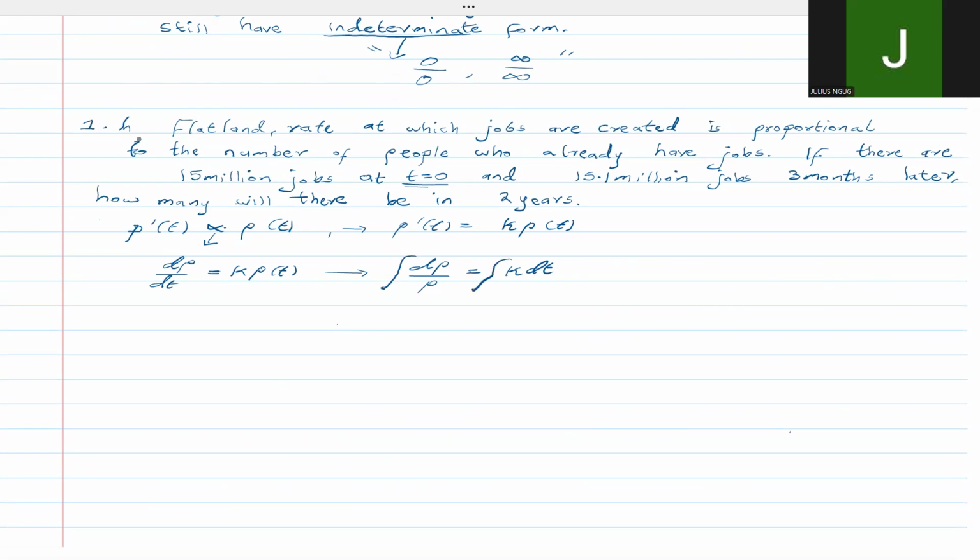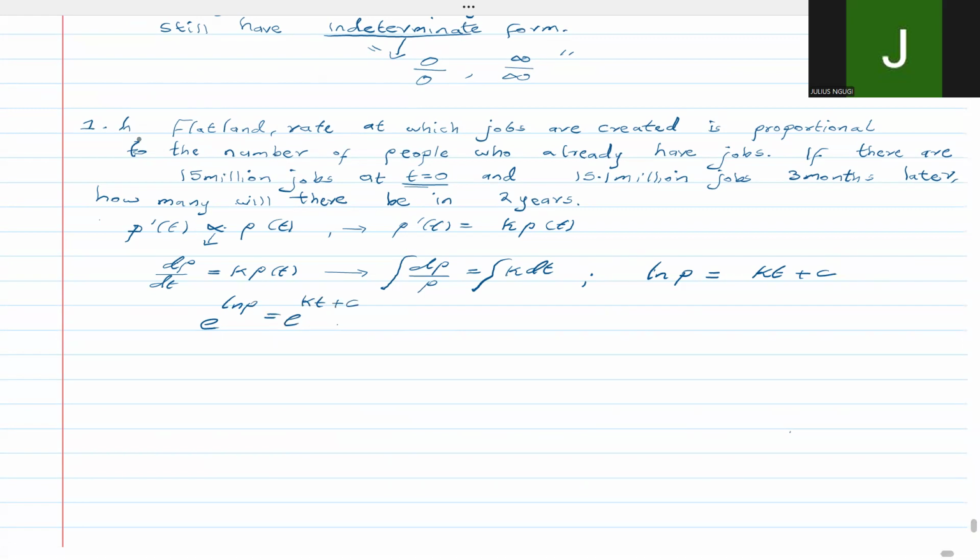So this will become ln of P, that's the integral on the left-hand side, equals k multiplied by t plus a constant C. Then if we introduce the exponential on both sides, we have exponential of ln of P equals exponential of kt plus a constant C.